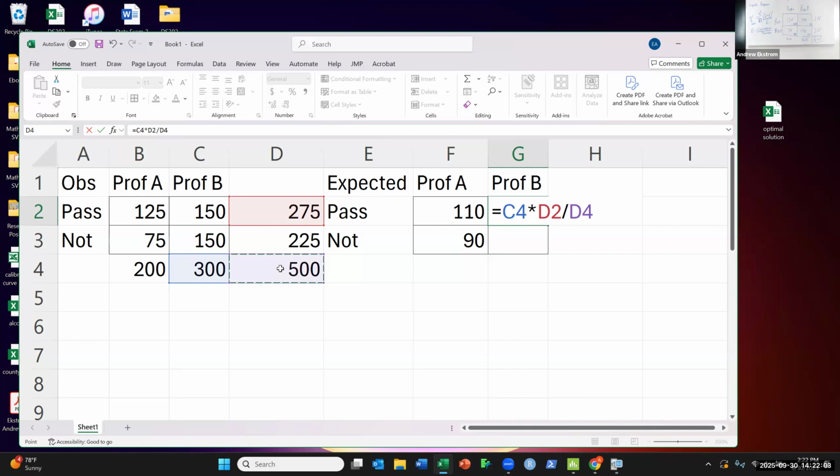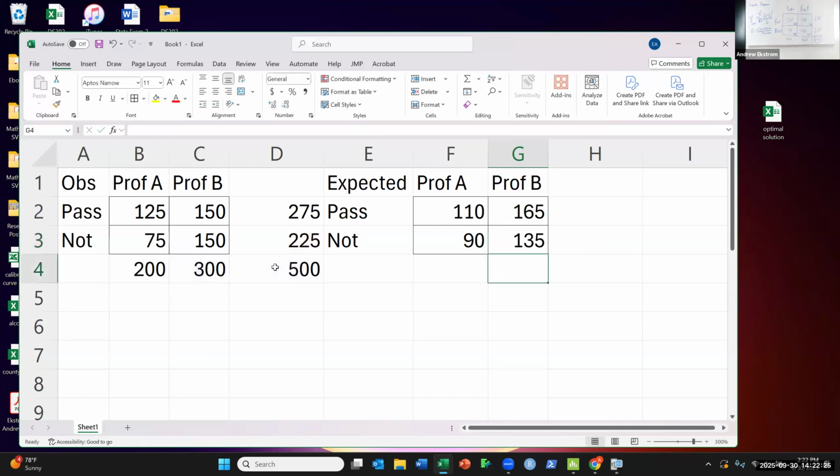Anyone else getting that bored with me saying column total and row total over and over and over again? And then for the last time here, column total times the row total divided by the total. And there we have it.